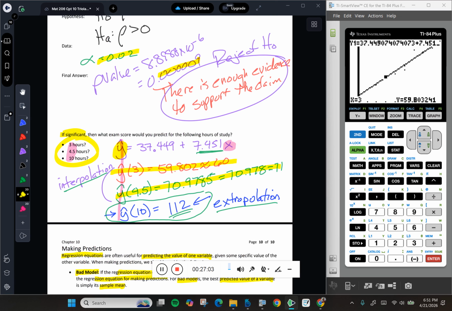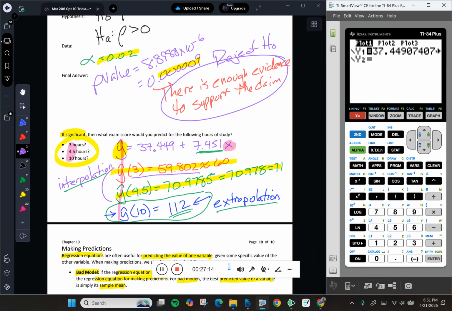Now you might be wondering why, when I did 3 here, I got 59.802, and when I do 3 on my calculator, I get 59.803. It's because when the calculator put it in, did it round this to 3 decimal places?